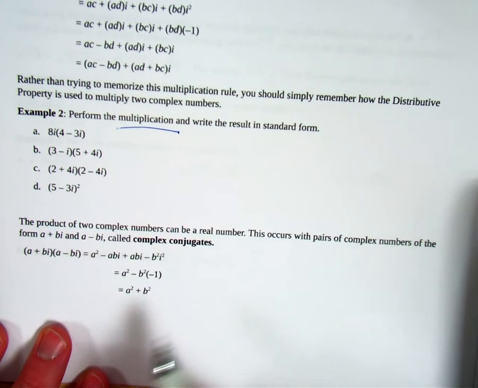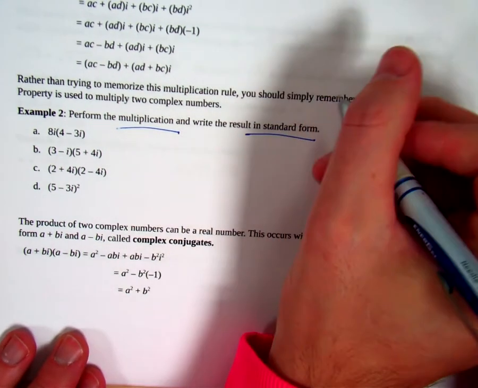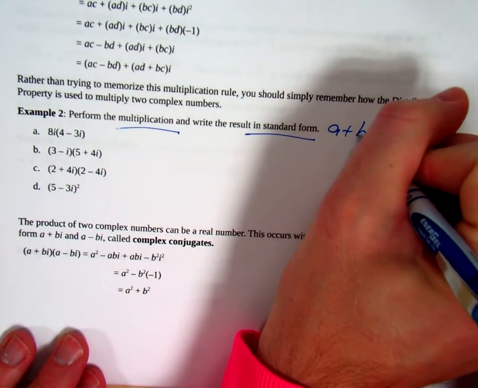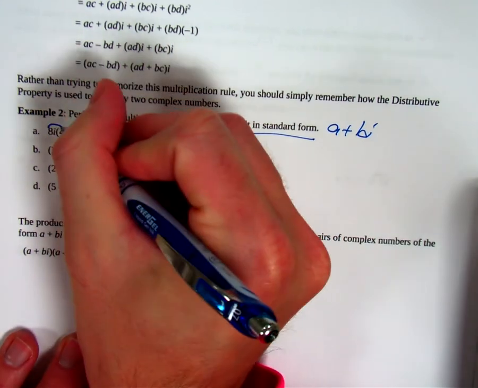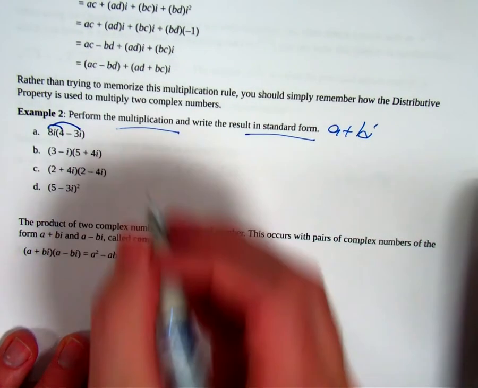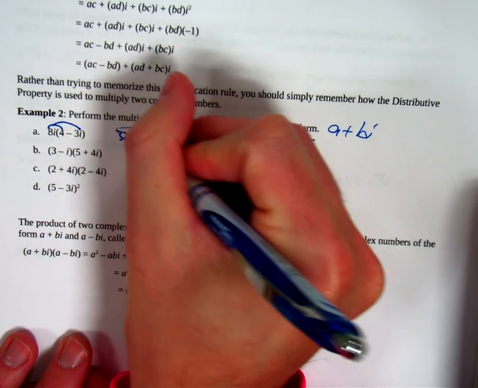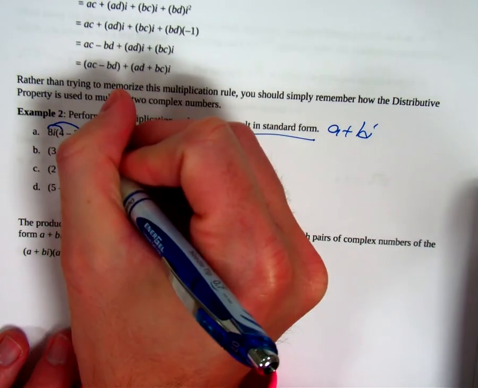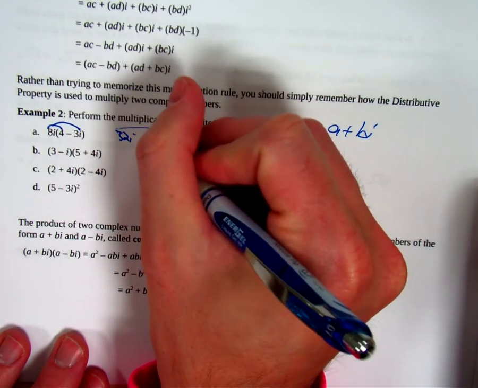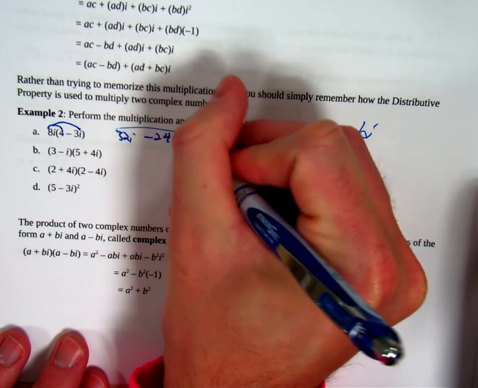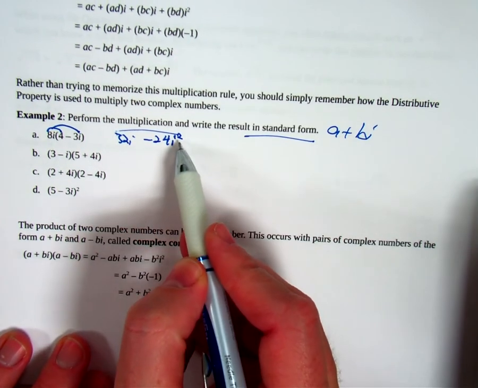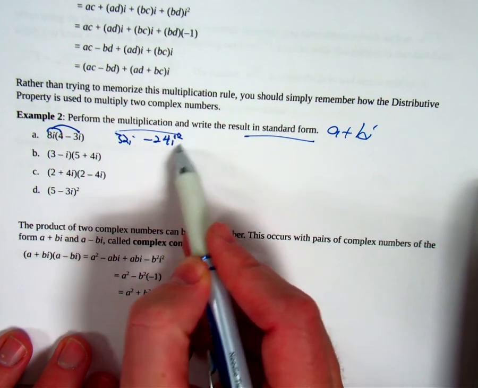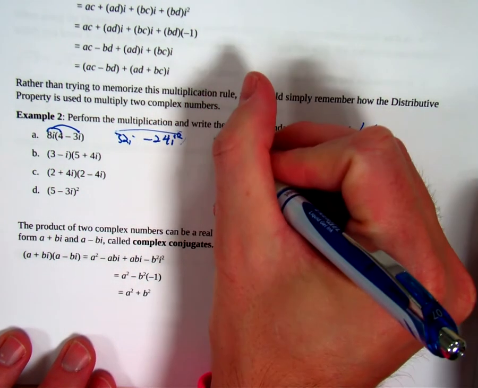Multiplication. And writing it in standard form, which is a plus bi. So, multiply it through. 8i times 4, we're going to have 32i. 8i times negative 3i, that's going to be negative 24i squared. But wait, i squared is negative 1, which flips this to a plus 24.